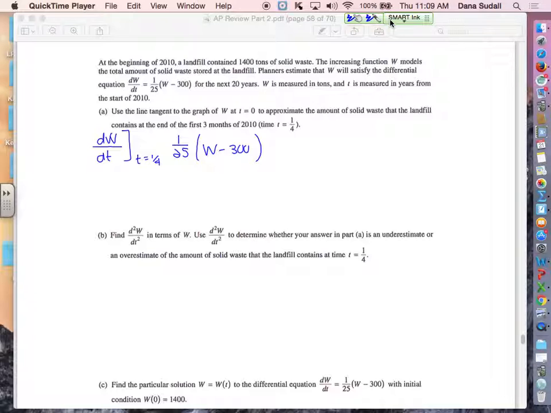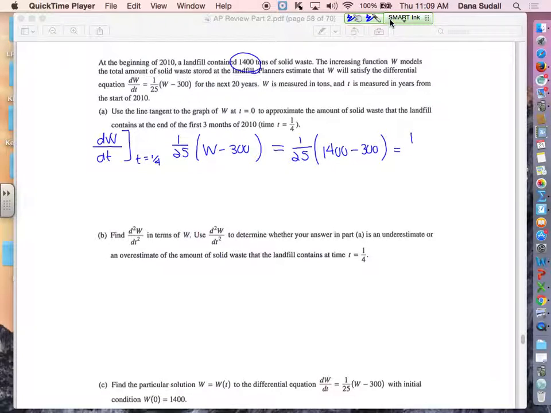But I do know when T is 1/4, they said use the value for T is 0 to approximate that. So from the original problem there, they said T is 0, you have 1,400 tons. They want us to plug in 1,400 tons to estimate that value there. So W, when time is 0, is about 1,400. So when it's 1/4, it's going to be a little more than that, but not much more.